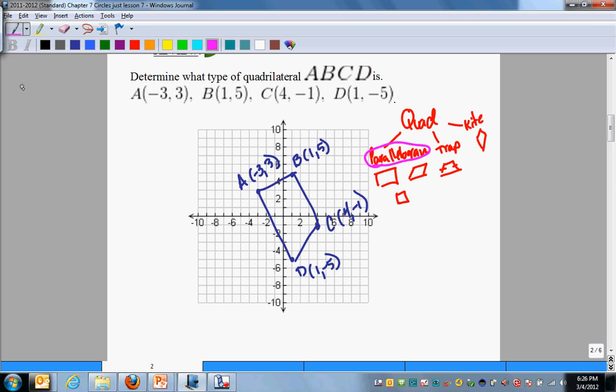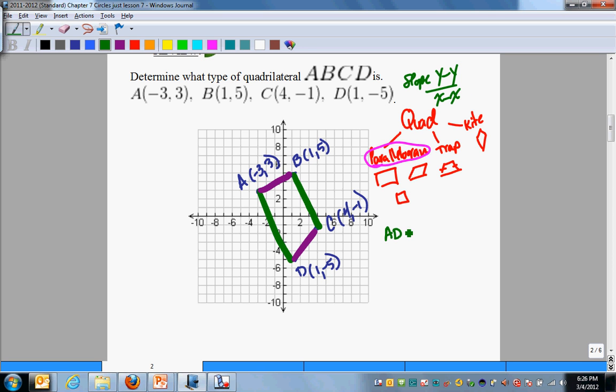To see if it's in the parallelogram family, we need to see if opposite sides are parallel. That would be the basic definition of a parallelogram. So step number one, we're just going to quickly test the slope of everything. So we're going to find the slope first here of A to D. And slope is y minus y over x minus x, rise over run.